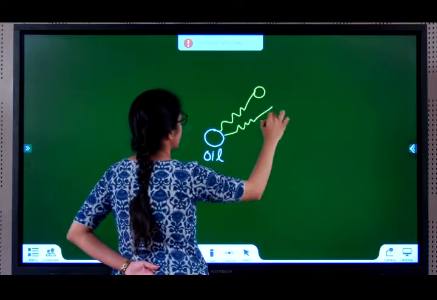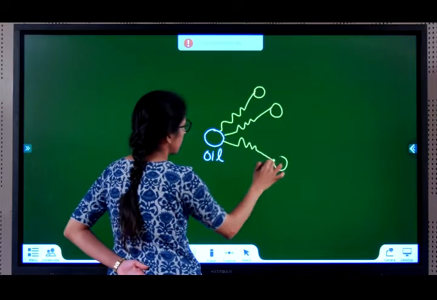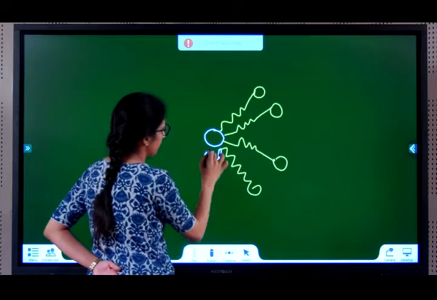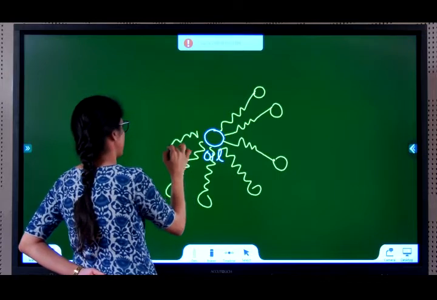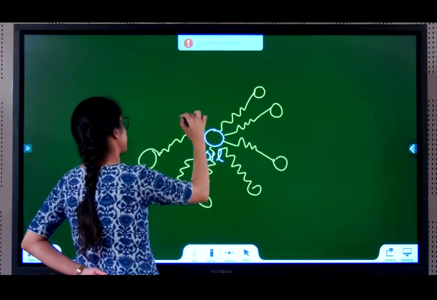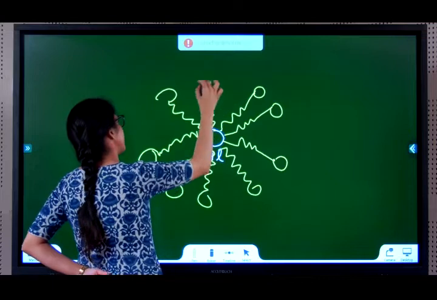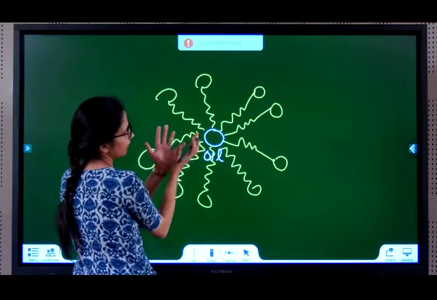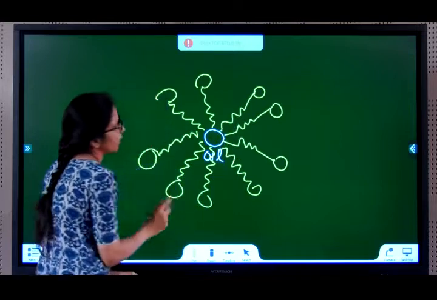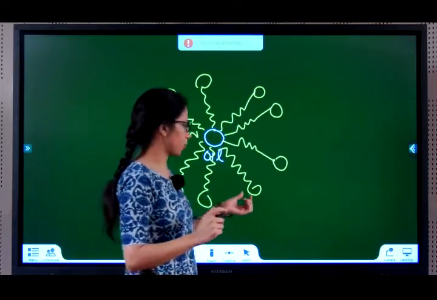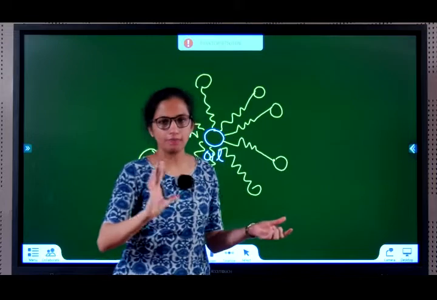Like that, many soap molecules will settle around the oil particle like this, basically closing the whole oil particle away from water. The ionic end loves water and is away from the oil particle.